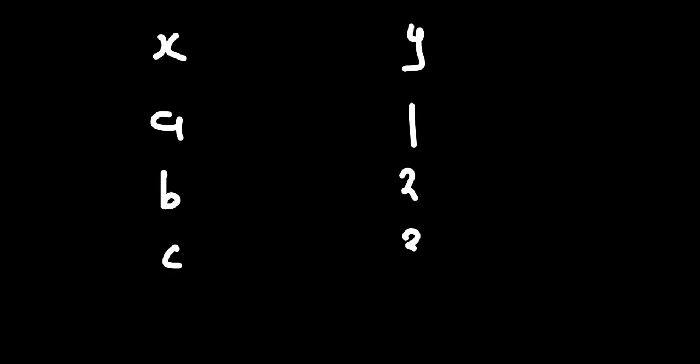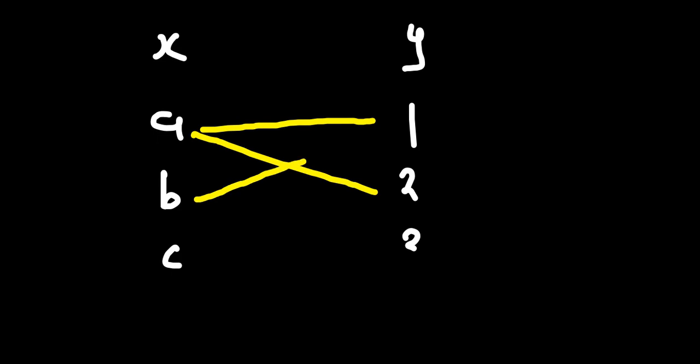Let's say your A is mapping to 1, it's also mapping to 2. Let's say your B is mapping to 1. Let's say your C is mapping to 3. We say such a relation is called a one-to-many.